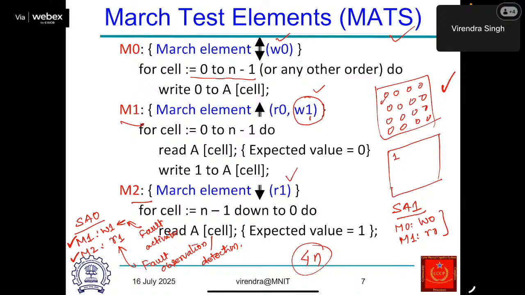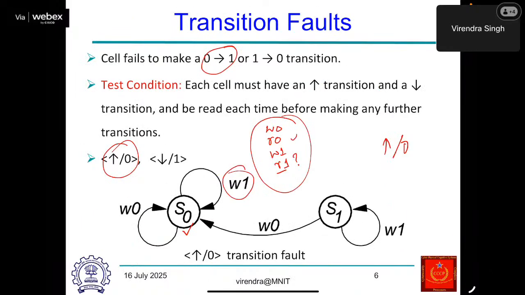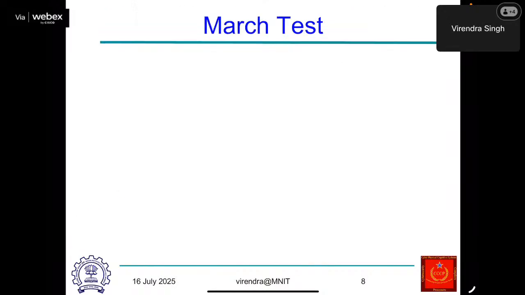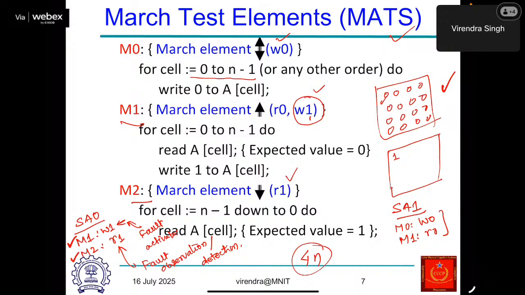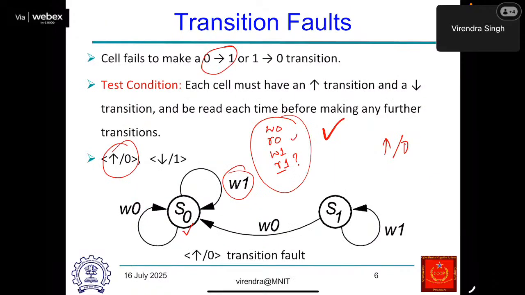In this case, one more thing that can happen is I can detect the transition fault. Transition from 0 to 1 can be detected, because the same sequence I'm applying, W0, R0, W1, R1, is needed to test the transition fault, wherein it is not transiting from state 0 to state 1.